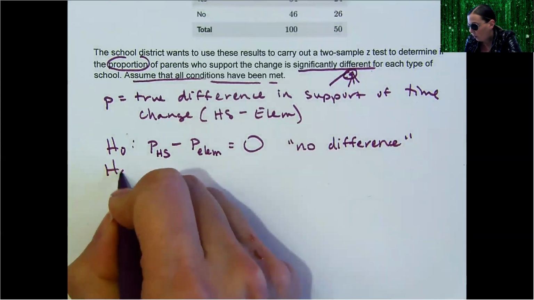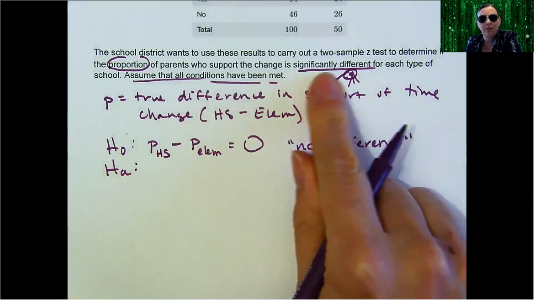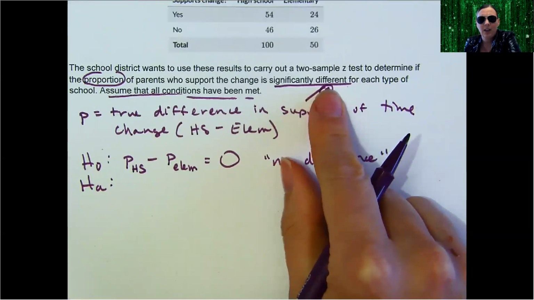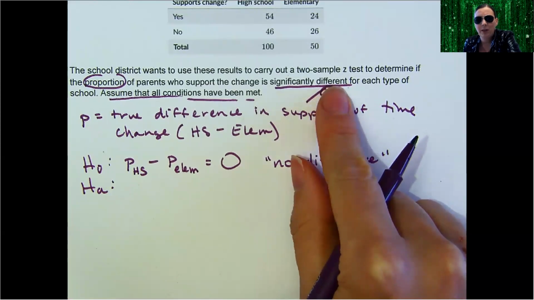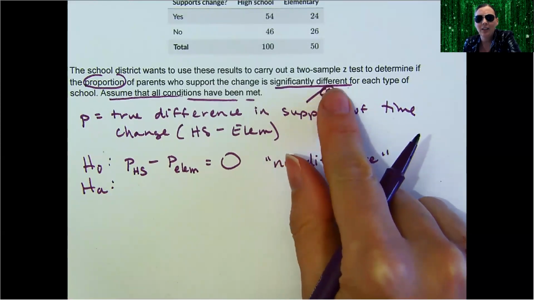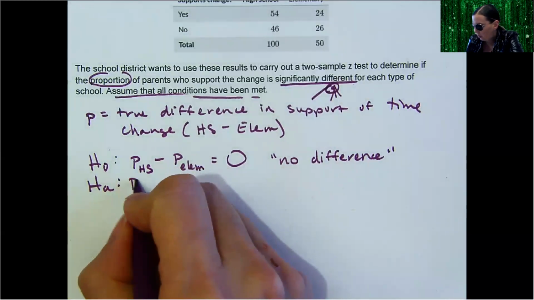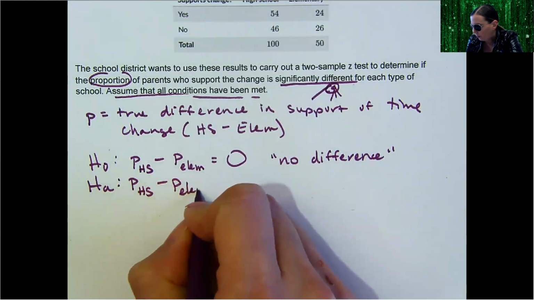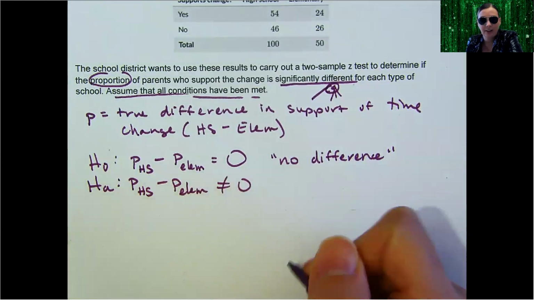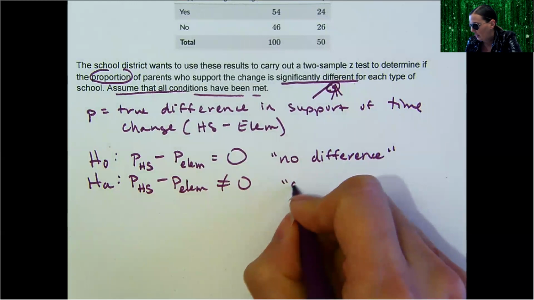But the alternative is what we're after. We're trying to see if they are significantly different. It doesn't matter in which direction. They didn't specify one being greater than the other. We're just looking for any type of difference. So when we compare the difference between these 2 groups, we'll just look for evidence that it's not 0. So this would be any difference.